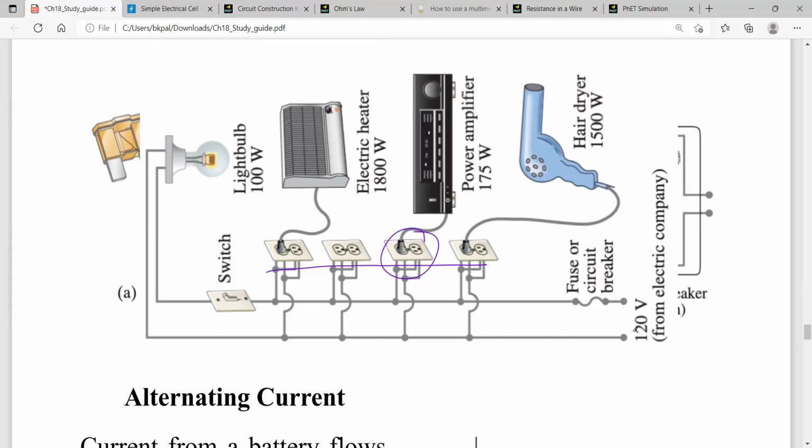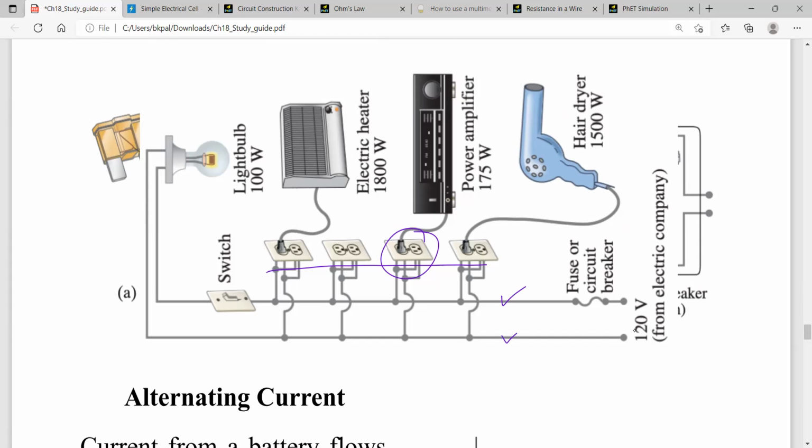If you use too many devices at a time, they will try to draw too much current from the power company. The wire cannot tolerate too much current, because too much current means too much power.